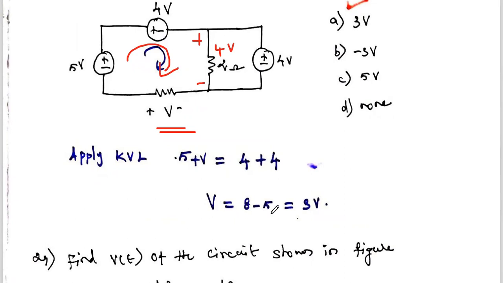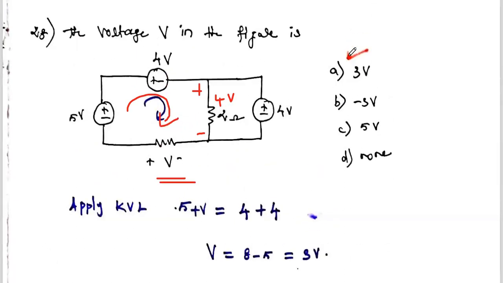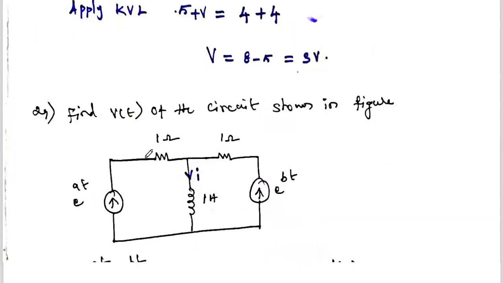So V equals 8 minus 5, which is 3 volt. So the voltage across this resistor is 3 volt. This is the correct option. So you just use KVL, Kirchhoff's voltage law, for this single loop. Just remember that the voltage across this resistor is the same as this voltage source value. If you take that, we can get the answer.